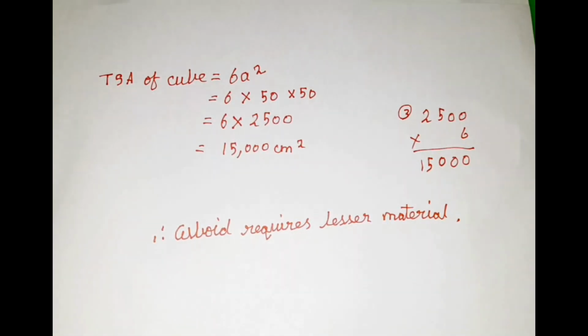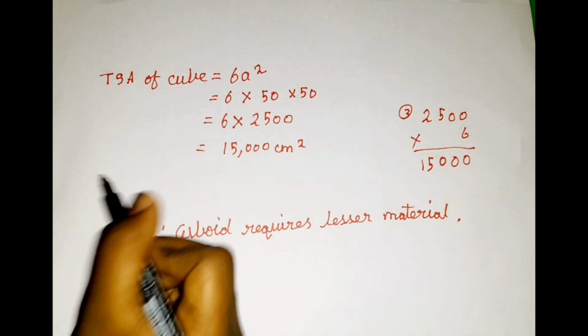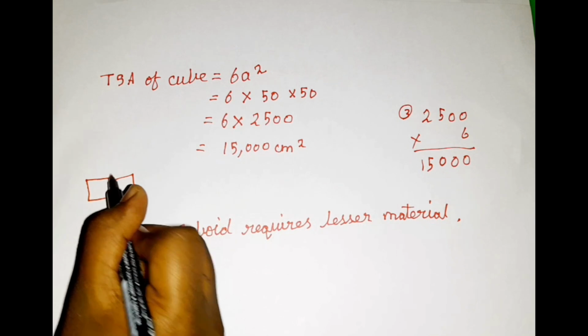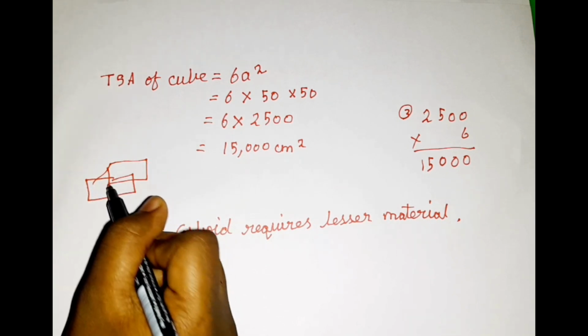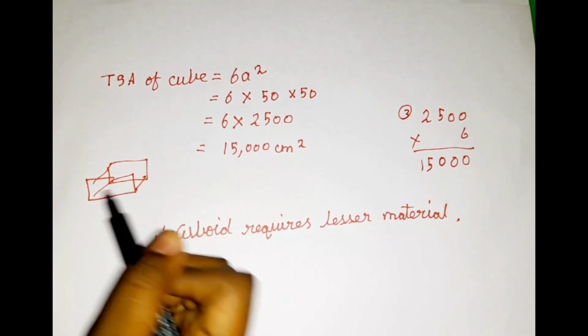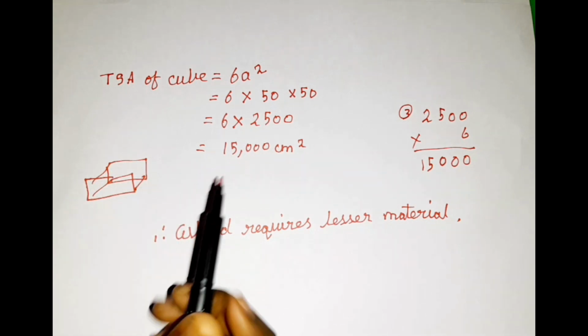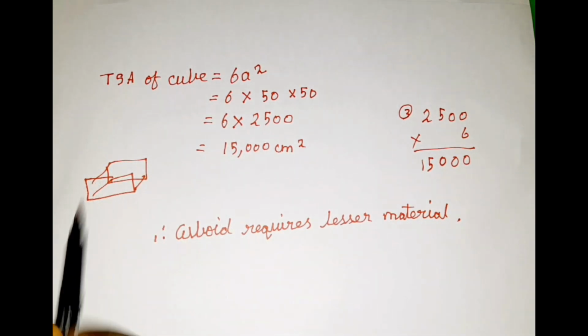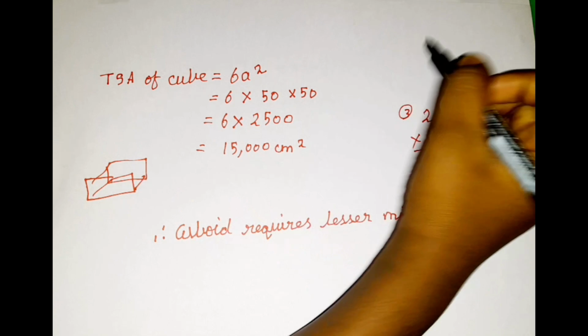So once more I'll explain you guys the TSA. TSA means total surface area. In any object, if it is a cuboid or anything, if the object is covered completely, to make the cuboid, let me draw a rough cuboid. So this is the rough one, it's not proper. To make the cuboid, as you guys can see, I'll draw it once more.